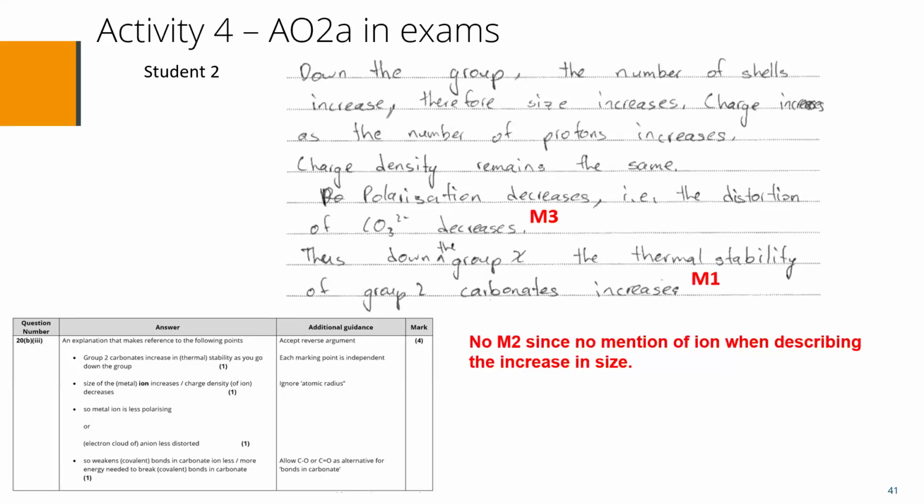So since there's no mention of ion when describing the increase in size, I'm not prepared to award M2 there. They have to mention the ion. Okay, they could have got away with charge density decreases, but they say charge density remains the same, so they can't have that particular mark. Again, there's no mention of weakening the bond, so M4, the fourth marking point, cannot be awarded.